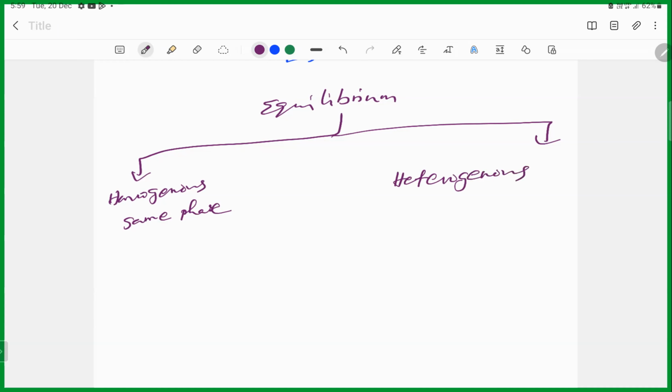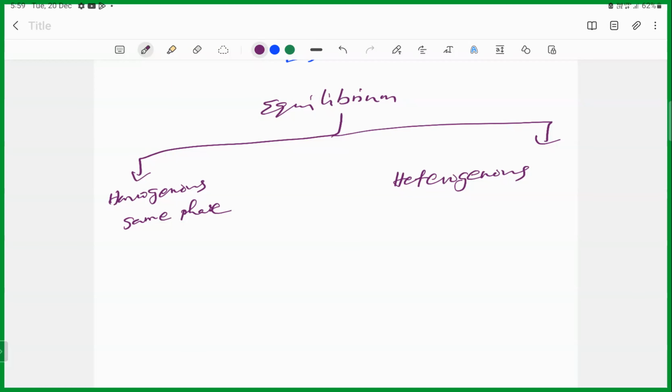When you have sand in the water, what type of equilibrium is it, homogeneous or heterogeneous? Heterogeneous, sir.